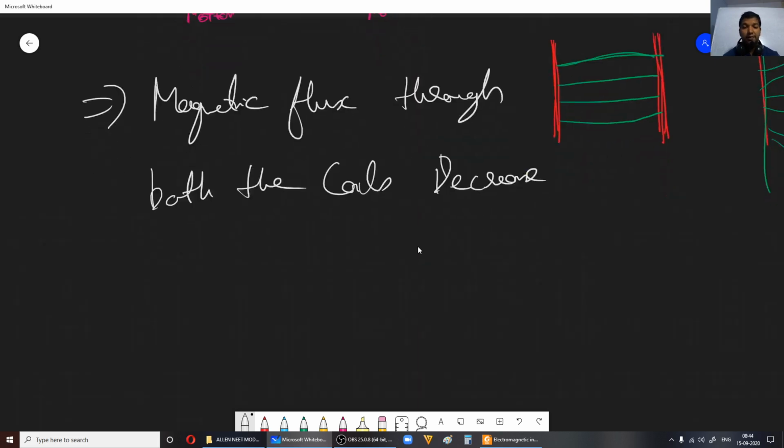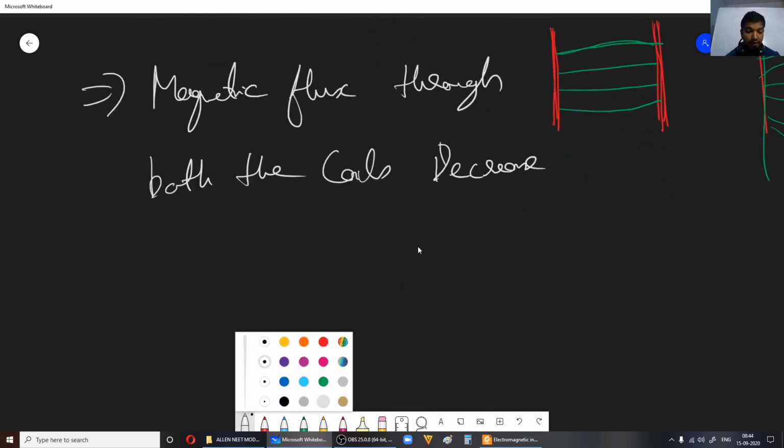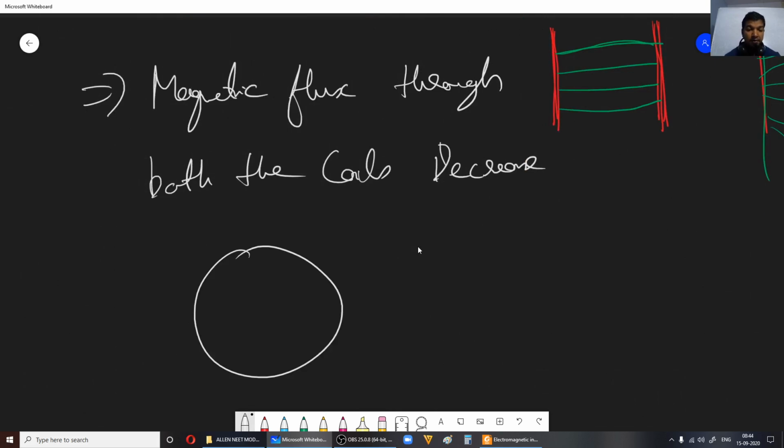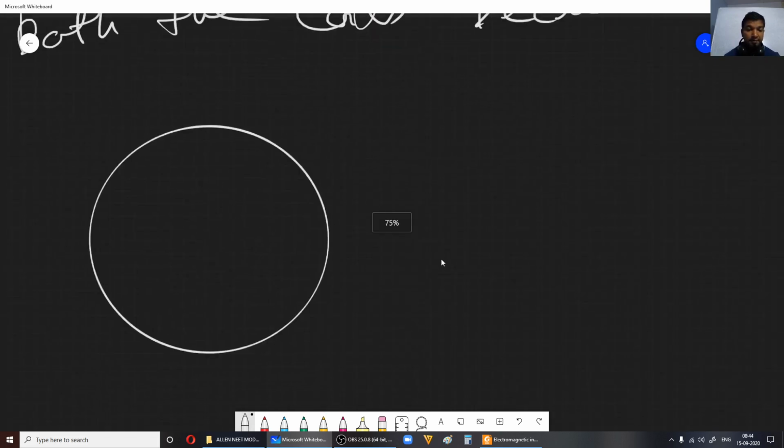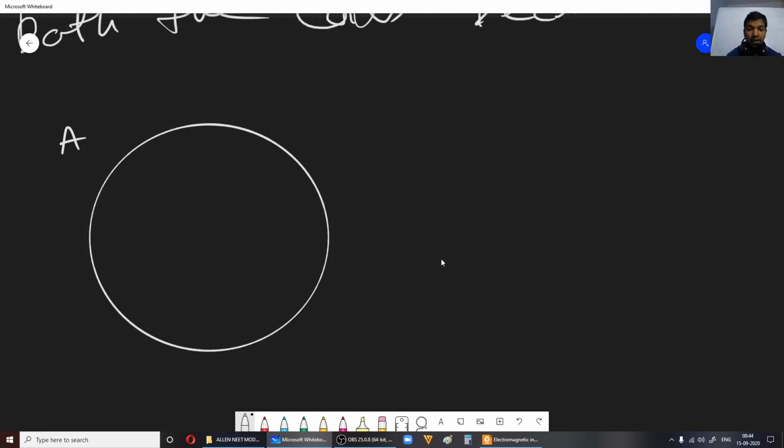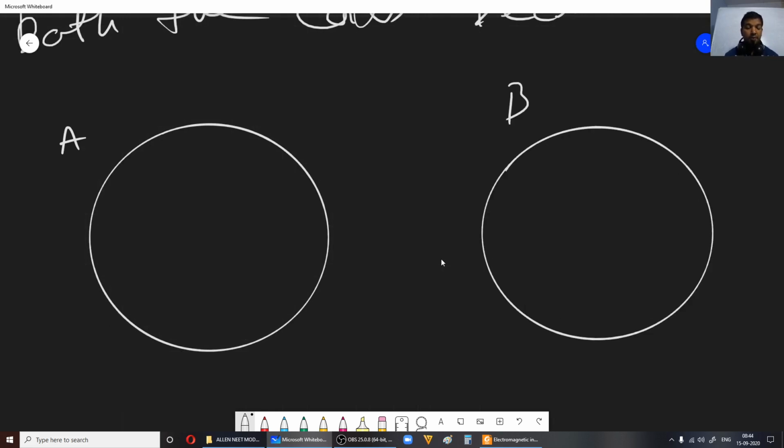Okay, so now let us focus on coil A and coil B separately. This is coil A and this is coil B. Through both of them, the magnetic field actually decreases, so basically the magnetic flux decreases.